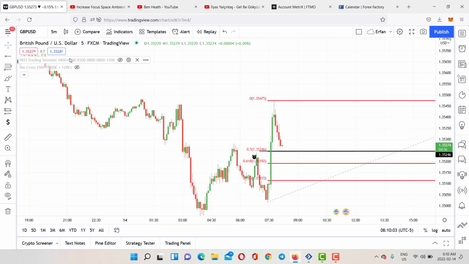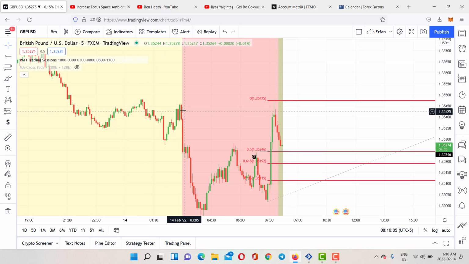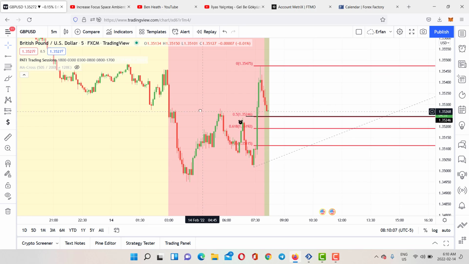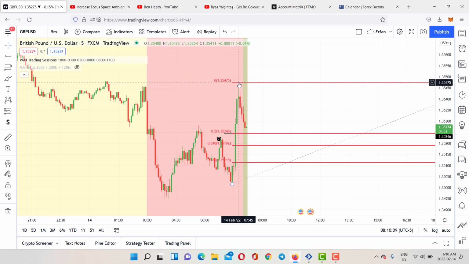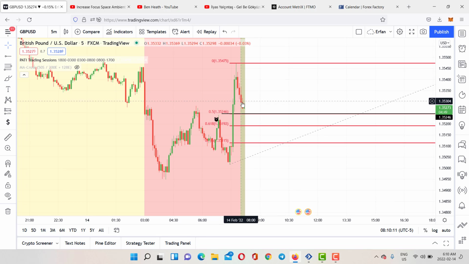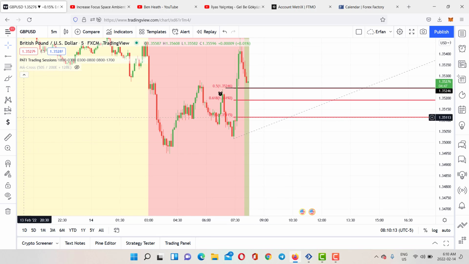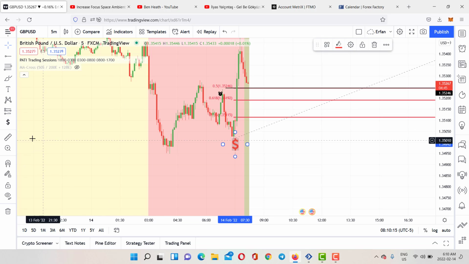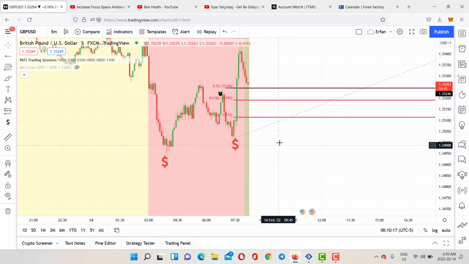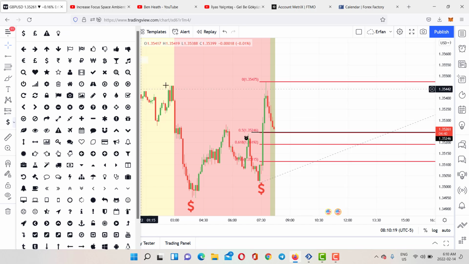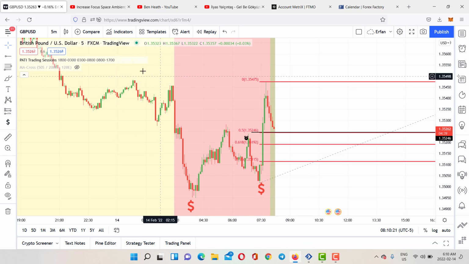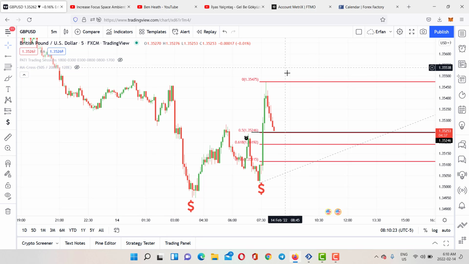It already grabbed the liquidity in the Asia session, and now it's creating the London high. We are in New York now. We have two London lows, so there are two areas that need to be tapped into. This one is already tapped into, so London highs and London lows are left.